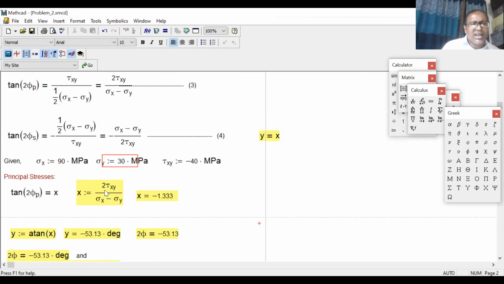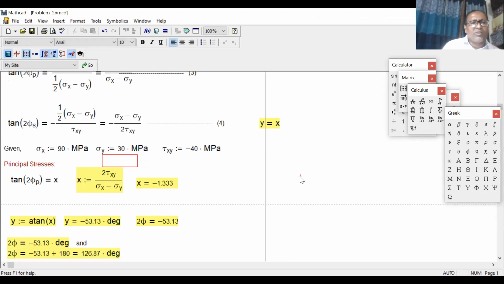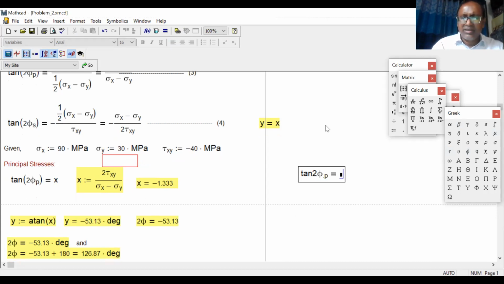At first, I figure out this value. This value equals how much? Minus 1.33. So what will we get that time? I'll get tan 2 phi p equal to minus 1.33, right?